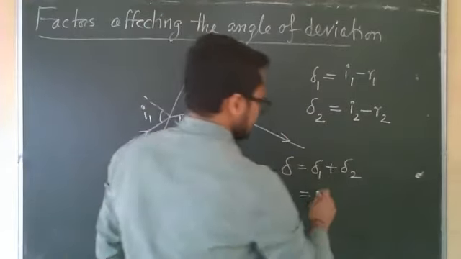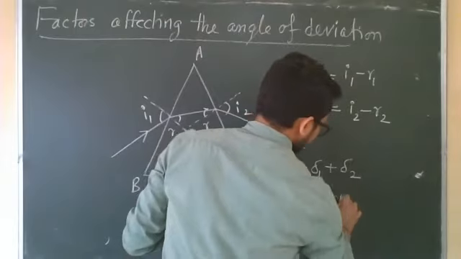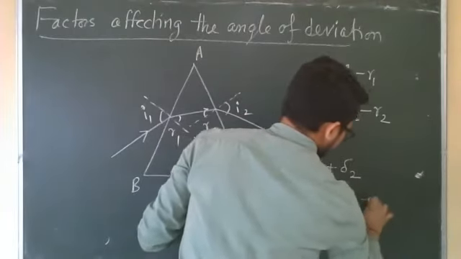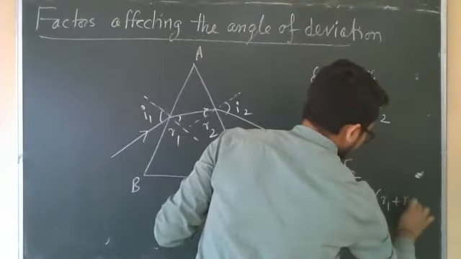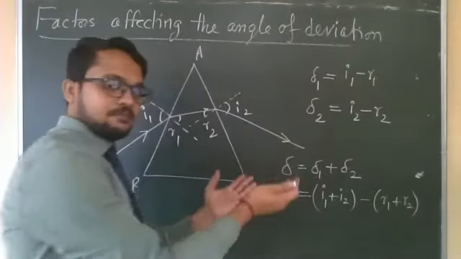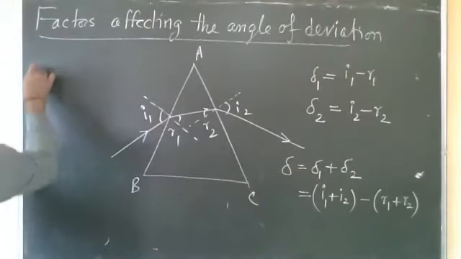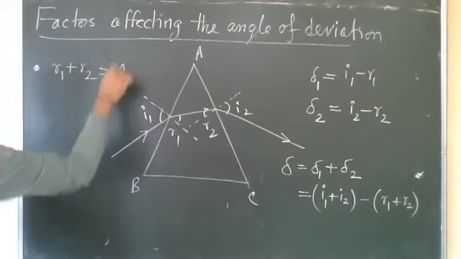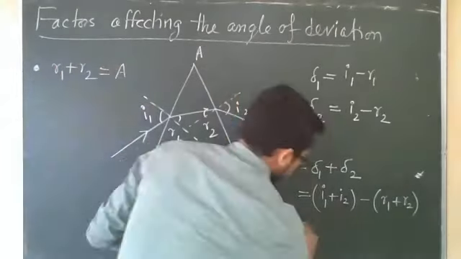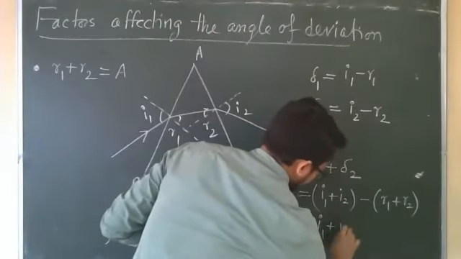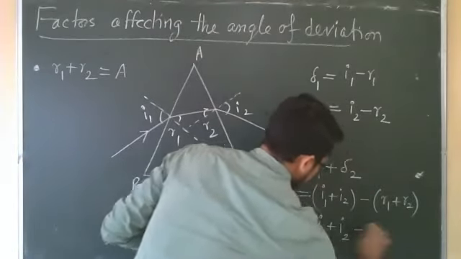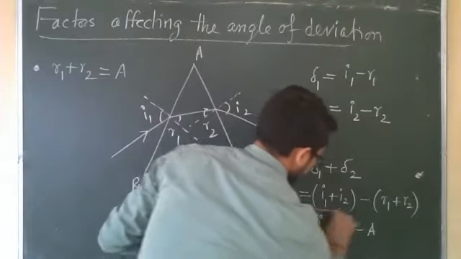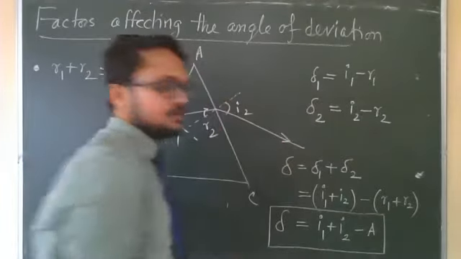If you put the values, you will get I1 plus I2 minus (R1 plus R2). Now we can prove that R1 plus R2 equals A. So it will be I1 plus I2 minus A. This is the deviation formula.